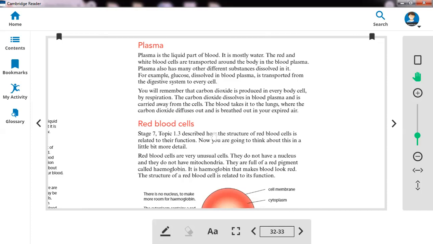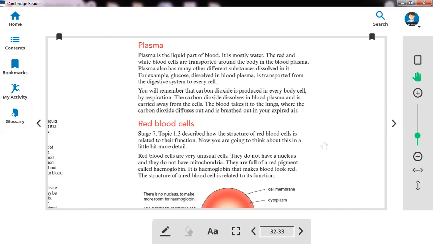Number two, red blood cells. Red blood cells are the cells that carry oxygen from the lungs to the cells of the body where the respiration happens. Red blood cells are very unusual cells.